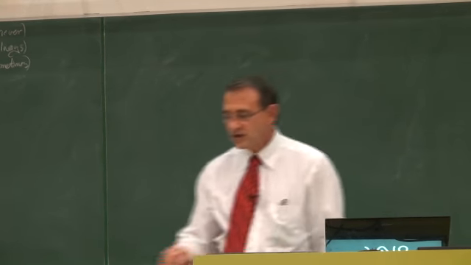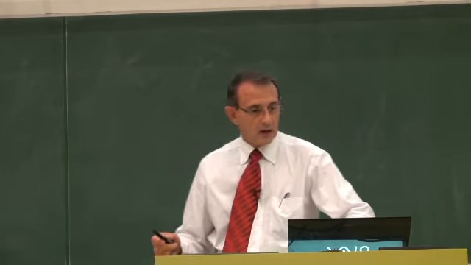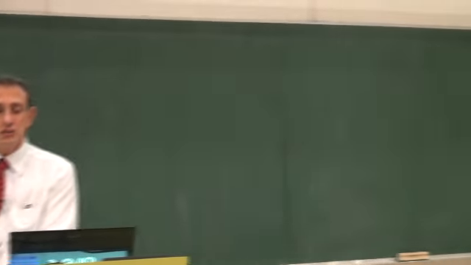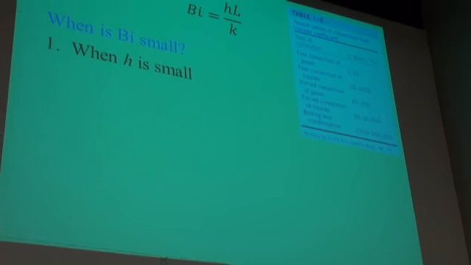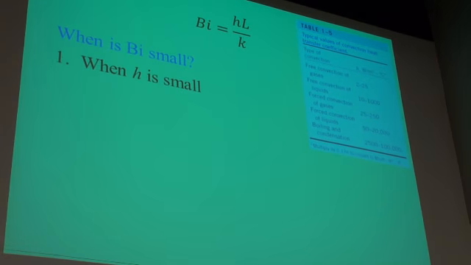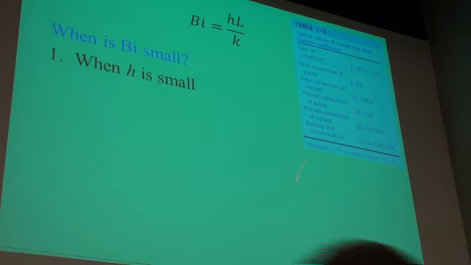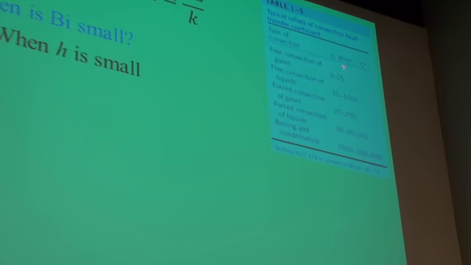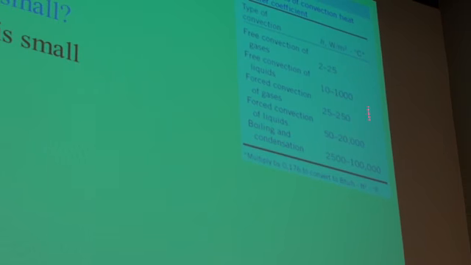If you look there on the slide, when the heat transfer coefficient is small, when will the heat transfer coefficient be small? If you page back in your textbook at typical values of heat transfer coefficients, in table 1.5 it was given to you, these values of the heat transfer coefficient for different cases.